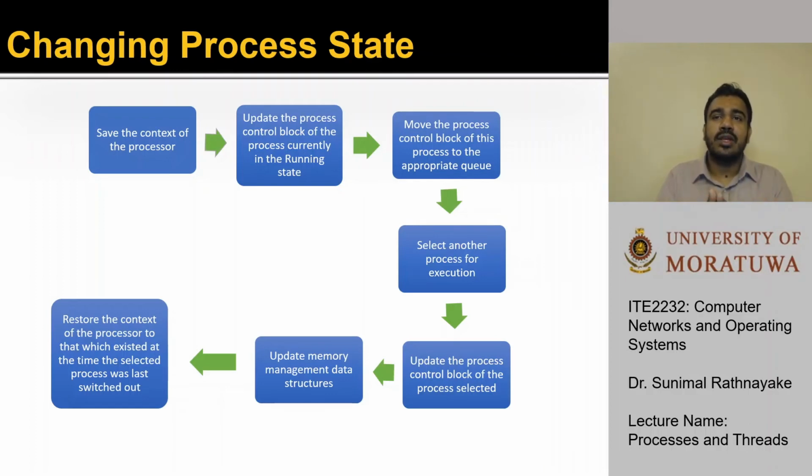If a process needs to be taken out of the execution or the running state, you have to save the context information like shown in this diagram. So saving it, loading the other process, and loading the context data into the processor is called context switching, process context switching.